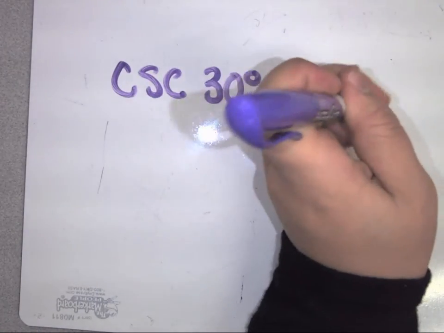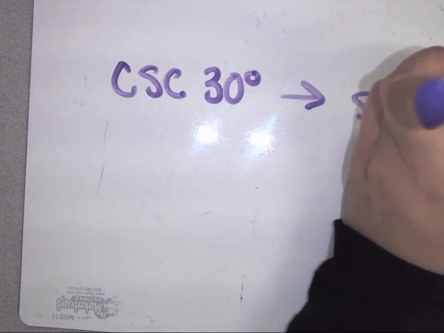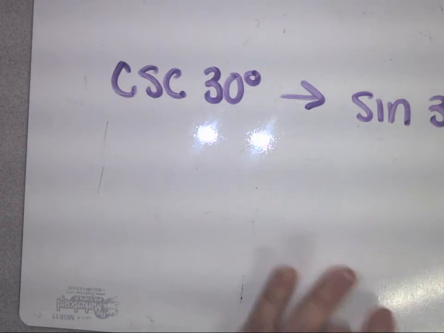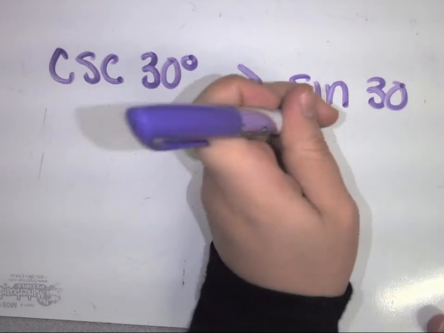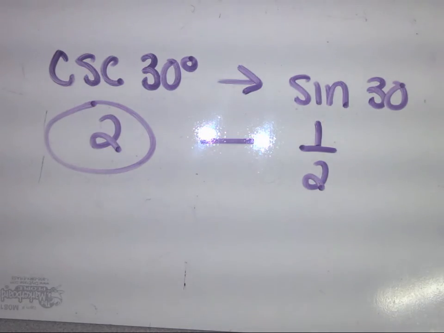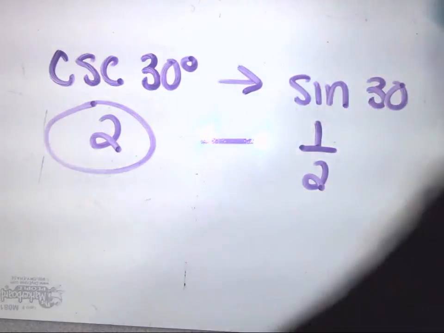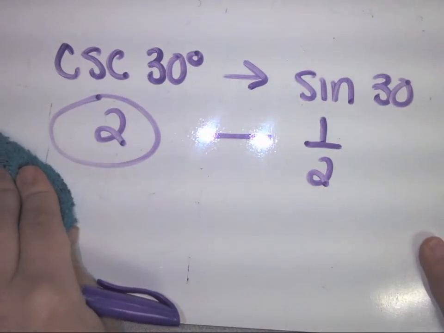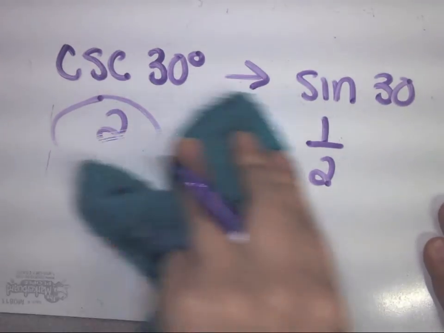Okay, so you need to ask yourself, what is sine at 30 degrees? So the answer is 2. So if you're ever given cosecant, secant, or cotangent, switch them to the main 3 first, find that answer, and then just go backwards, okay? And just flip it. Okay, those are just degree ones. So the degree ones are not that bad.